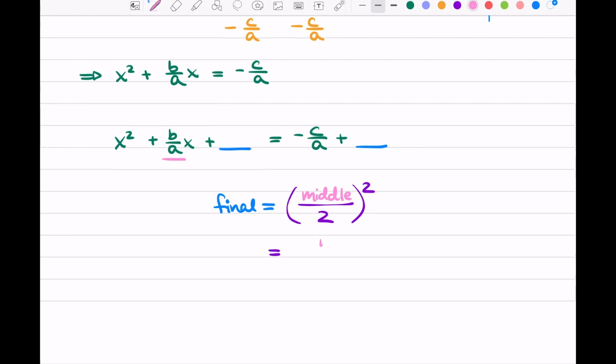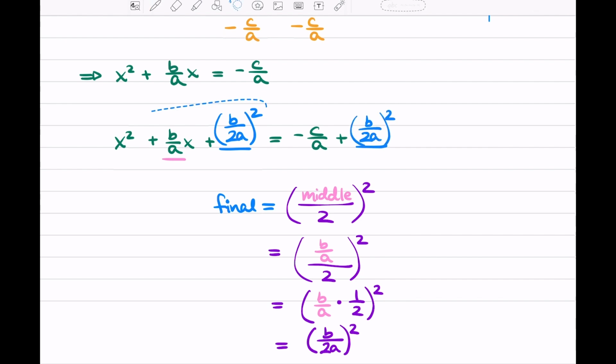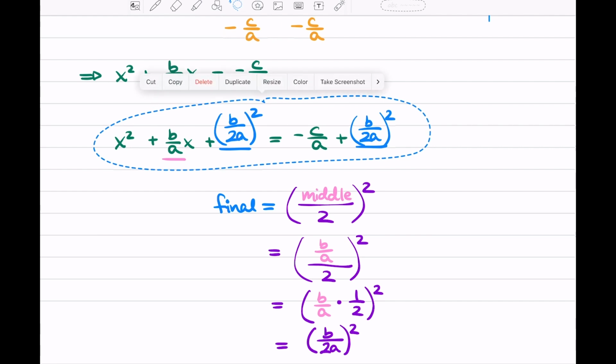Substituting that in, we'll have b over a divided by 2 squared. b over a divided by 2 is the same as b over a times 1/2. Multiplying the fractions, we'll have b times 1 on top and 2 times a on bottom. So this is the term that we're going to add to both sides: b over 2a, that quantity squared. Let's bring that down to the next page and keep on working.